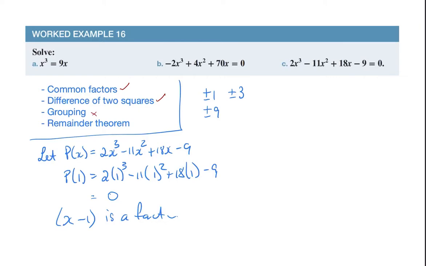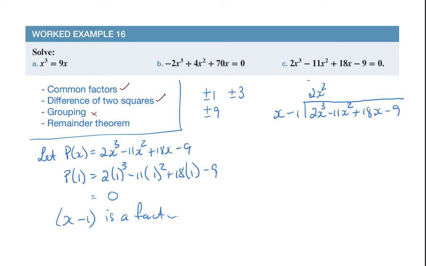If x minus 1 is a factor, I need to find out what the other factors are. Now, you can do it by inspection, but I still think, personally, that the easiest way is long division. 2x cubed minus 11x squared plus 18x minus 9, and I'm going to divide x minus 1 into it. x divided into 2x cubed is 2x squared times.